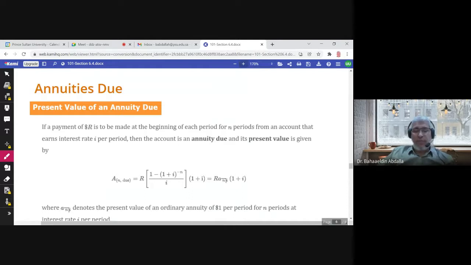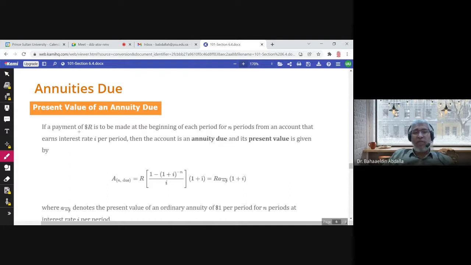This is section 6.4, and we will talk in this video about the present value of an annuity due. We have seen in 6.3 that the difference between annuity due and ordinary annuity is the time in which we receive the payment or put the deposit.